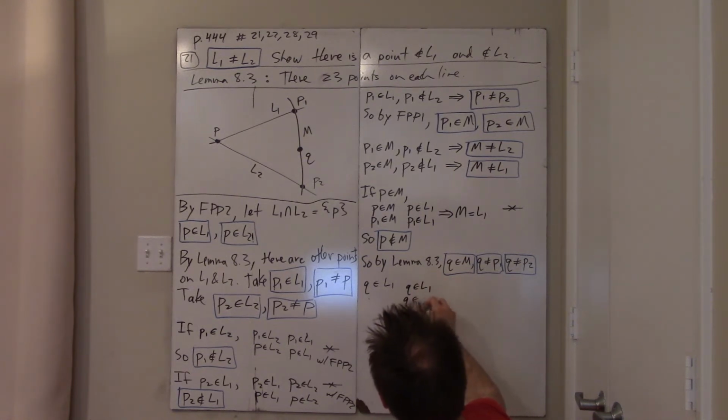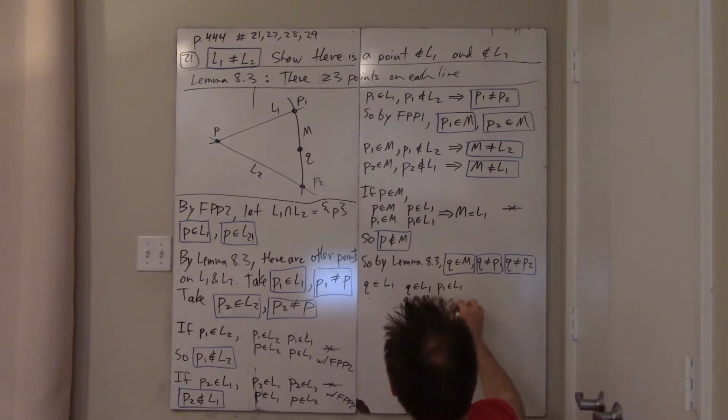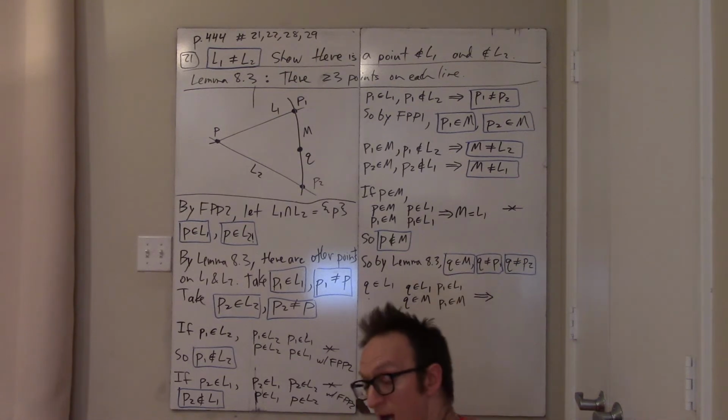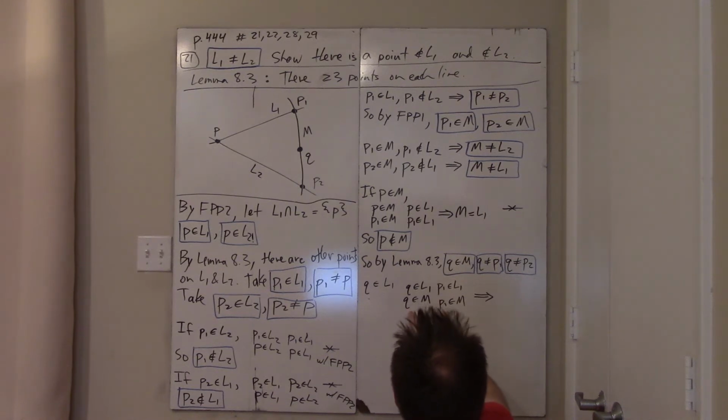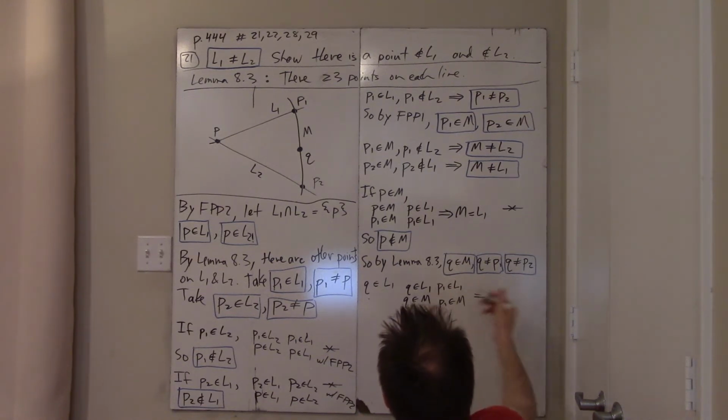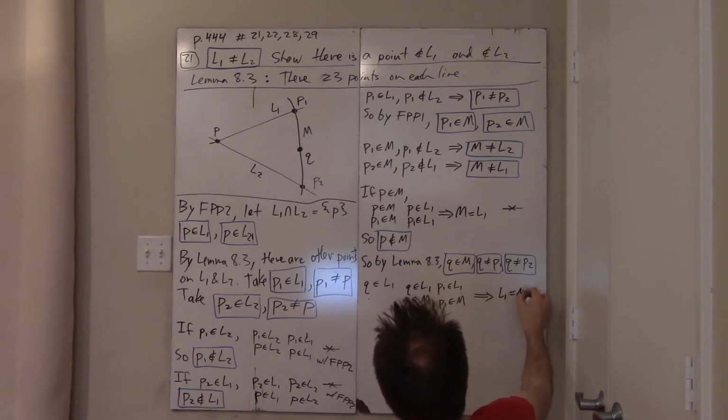Q on M, but also L1 and M share P1. So P1 is on L1 and P1 is on M. And again, that would conclude by FPP2, since every two lines intersect at one point, and these are in fact two distinct points, then these two lines would have to be the same, but they're not the same, is another way of putting it.